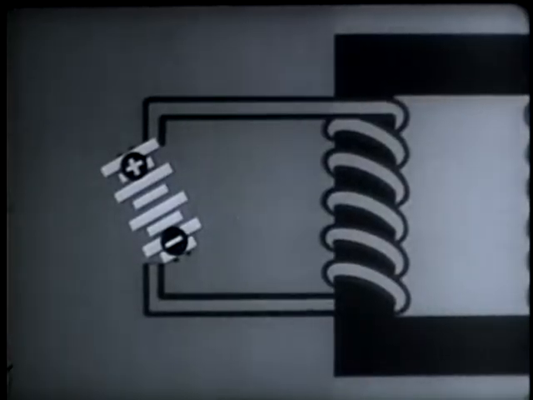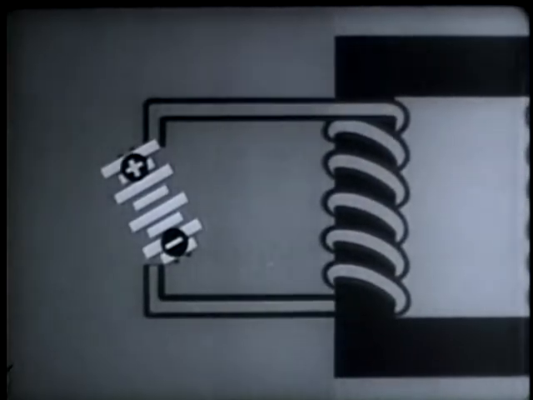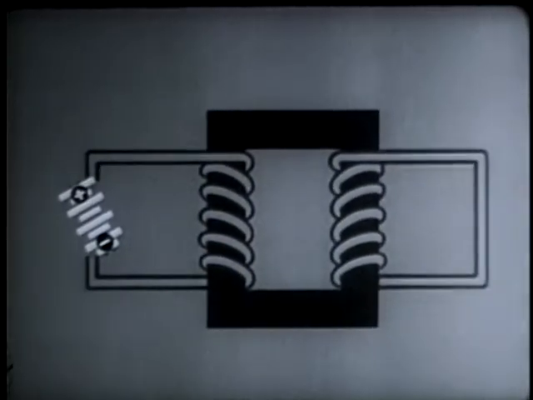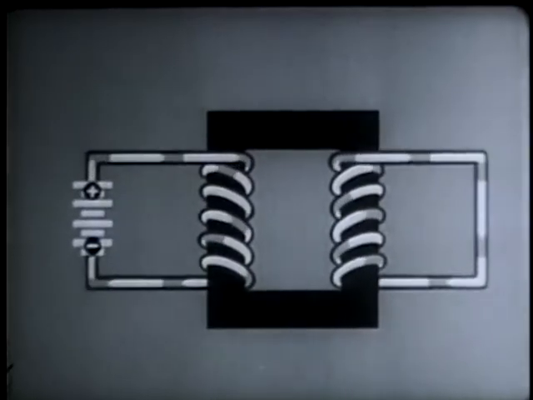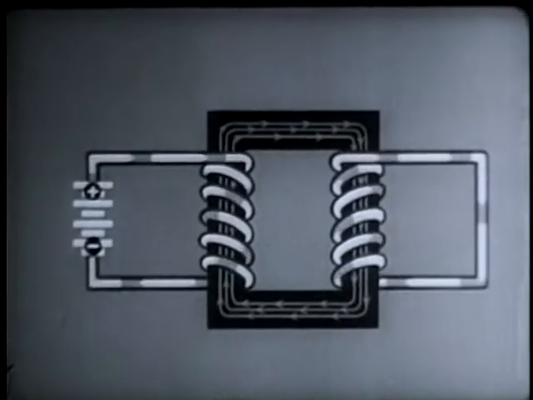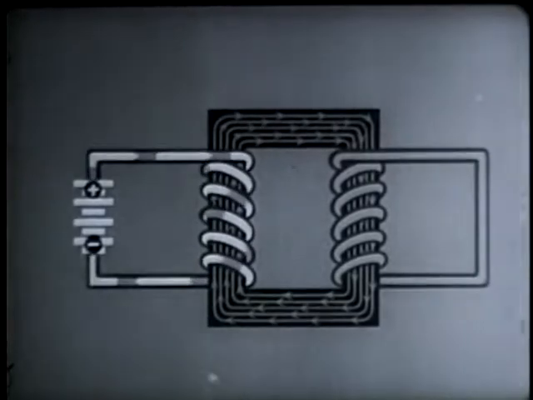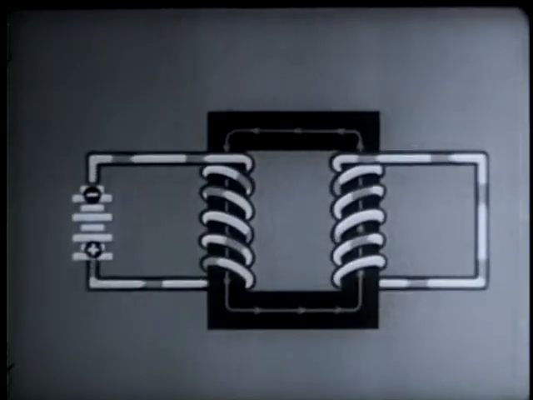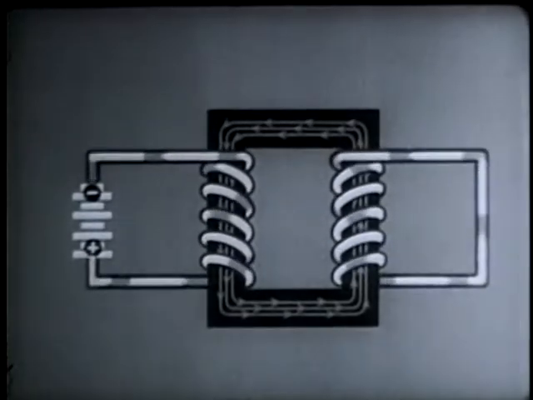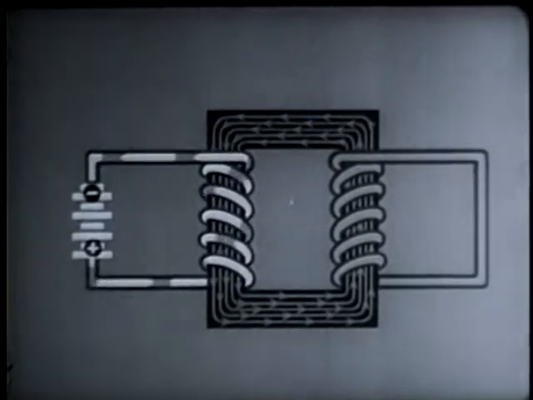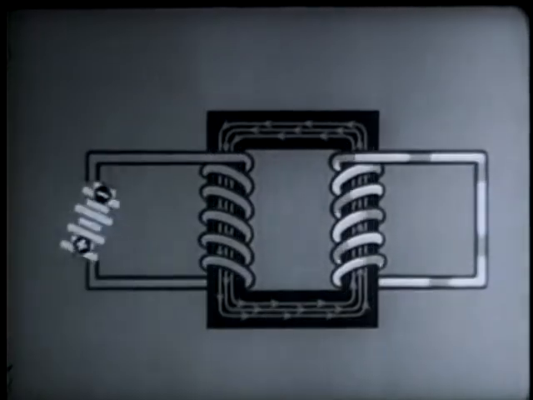Now let's consider alternating current. We'll first give you an idea of how it works by sending direct current through the coil. First in one direction, then in the other. Notice that the induced current in the second winding reverses each time the supply current is reversed.